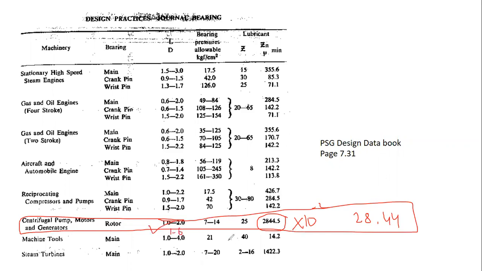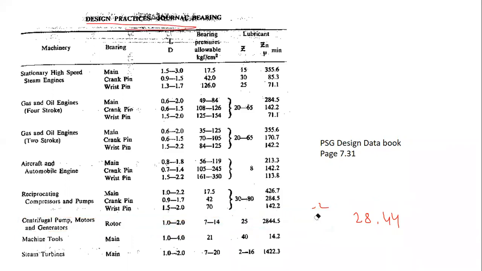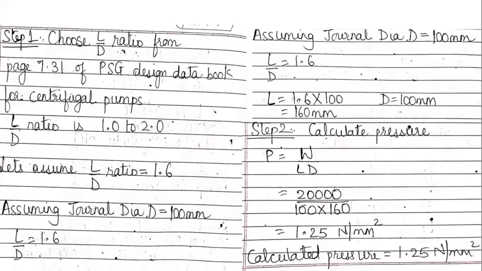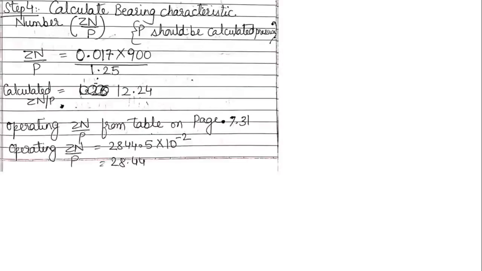All these things you can select from the PSG Design Data Book, page 7.31. Let us quickly move to our step again. We have calculated Zn by P as 12.24 and we have compared it with operating Zn by P as 28.44.